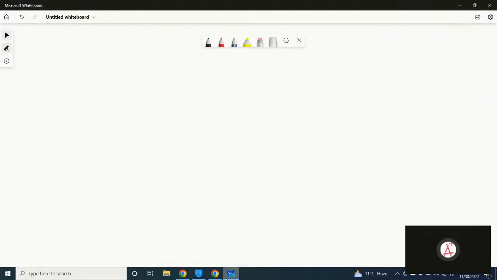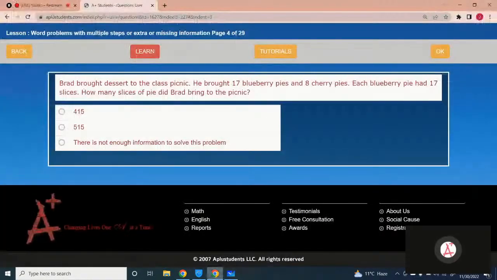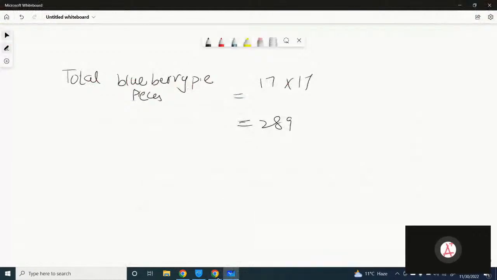So that means the total blueberry pie pieces are 17 times 17. Got it? It would be 218. So that means the blueberry pie pieces are 218. Got it? And then you have the cherry pies, 8 cherry pies.